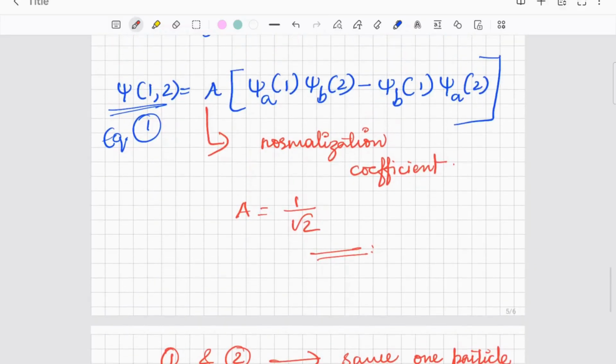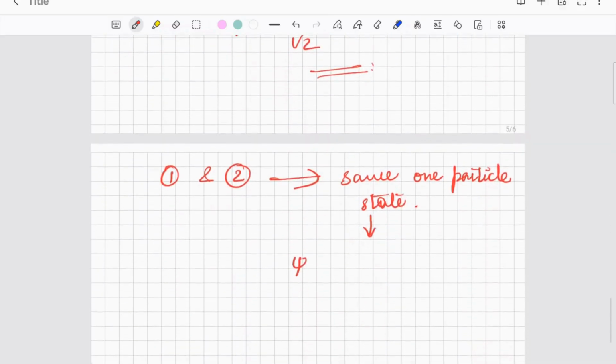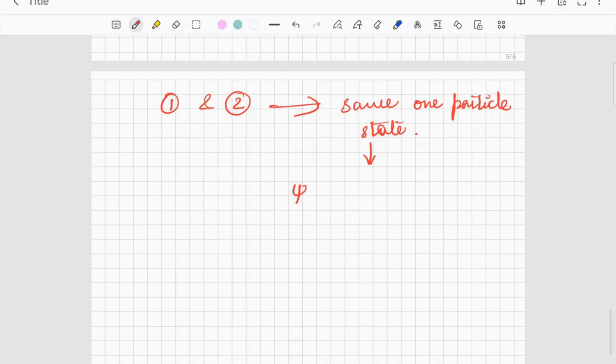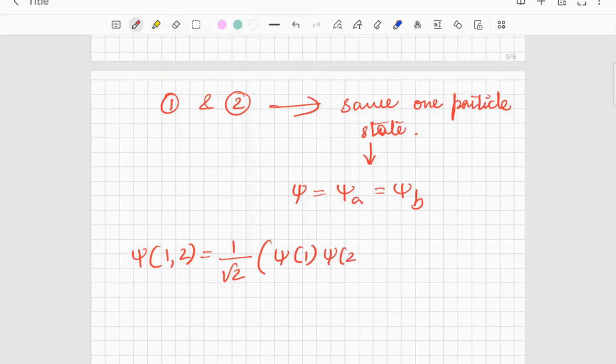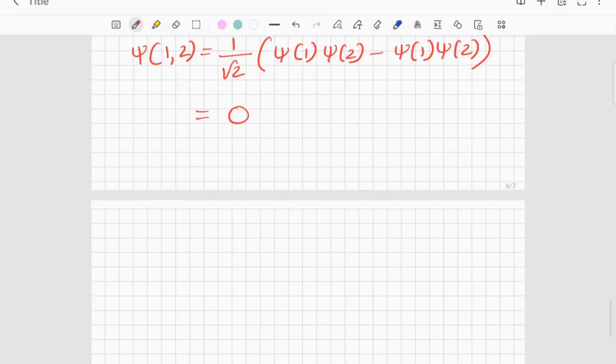So how will my equation for psi 1, 2 change? The same one-particle state is psi, which is psi A equal to psi B. Now I can reconstruct psi 1, 2 as 1 by root 2 times psi of 1 psi of 2 minus psi of 1 psi of 2. Right, so what is this? This is 0.